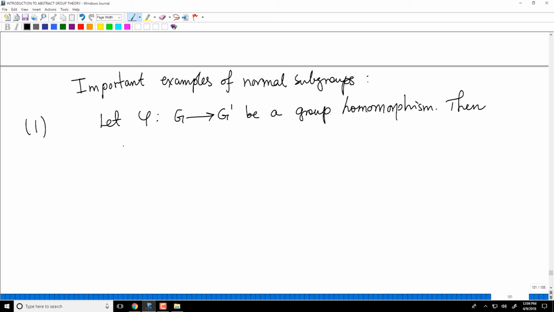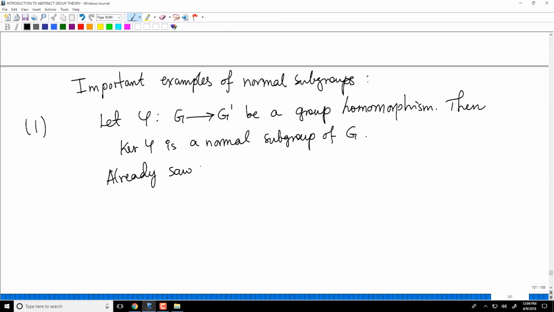Then the kernel of phi, which we have already seen is a subgroup of G, is actually a normal subgroup of G. So we already saw kernel phi is a subgroup. To check normality, what do we need to check?